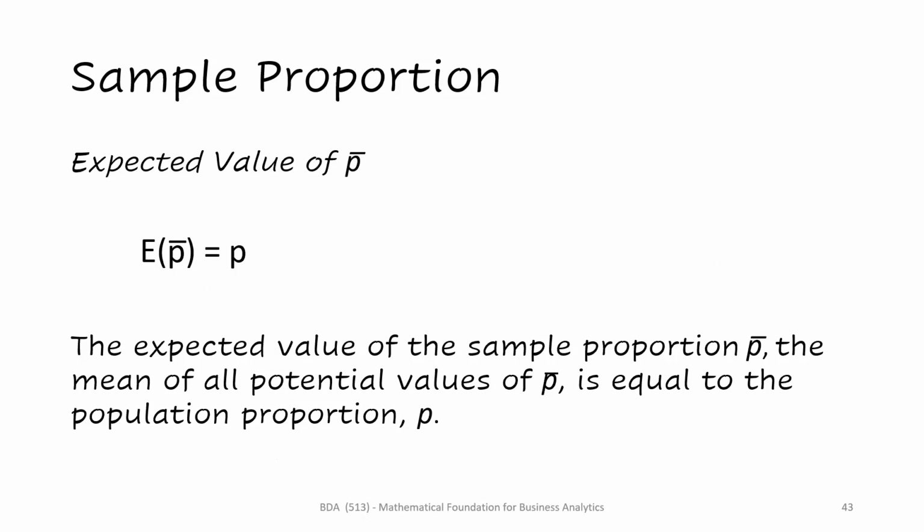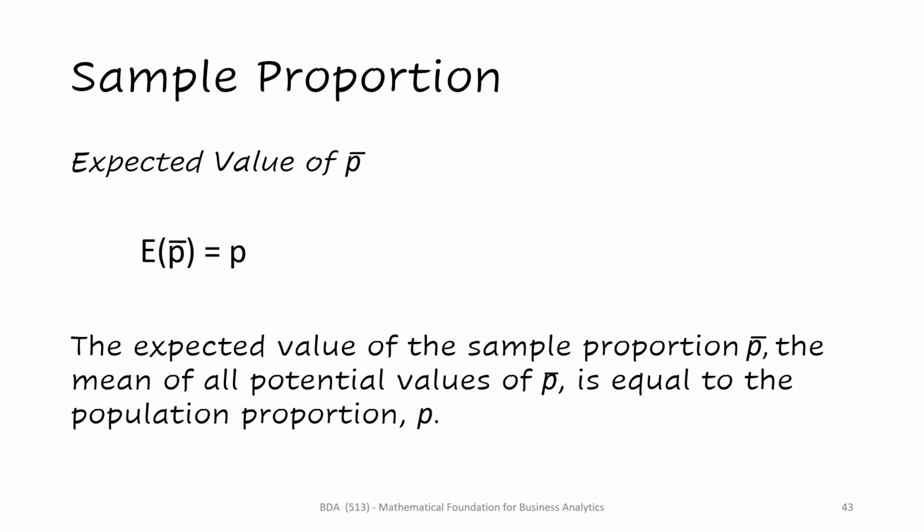The expected value of the sample proportion, denoted by P, which is the mean of all potential values of P, is equal to the population proportion. Just as we have sample proportion, we have population proportion. The population proportion relates to the entire population, whilst the sample proportion relates only to the sample that we've taken. Remember that when we talk about sample proportion, we are only looking at things that we are interested in.